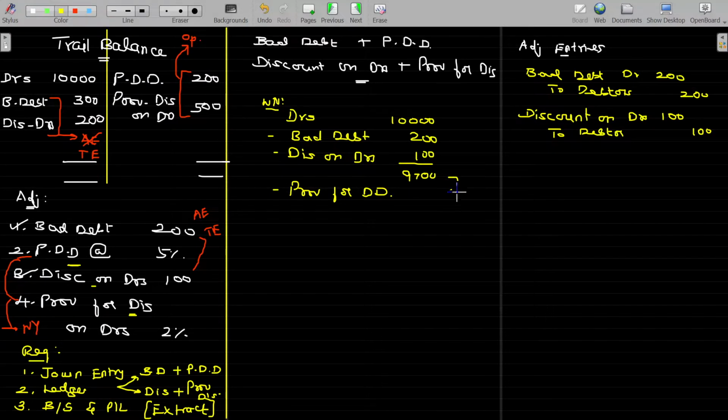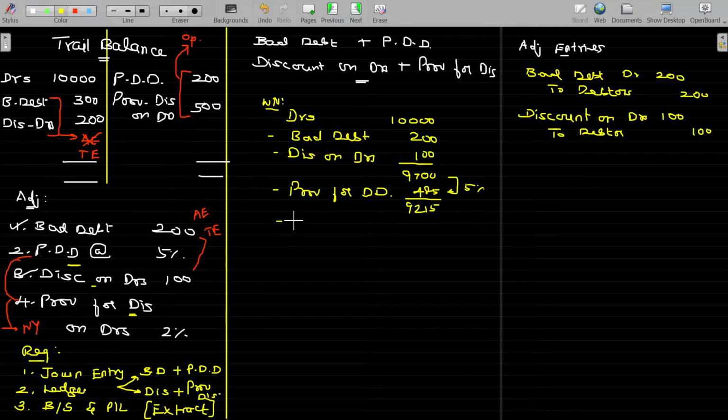On this you have to claim 5%. So the value being how much? 9,700 into 5%, 485. After subtracting that, the balance is 9,215.